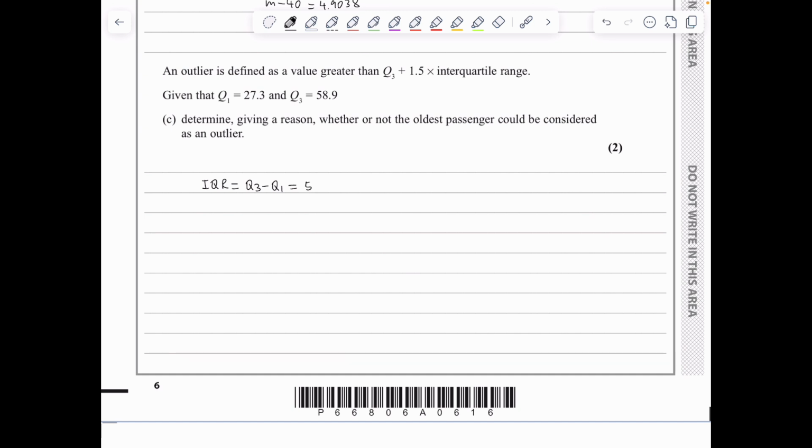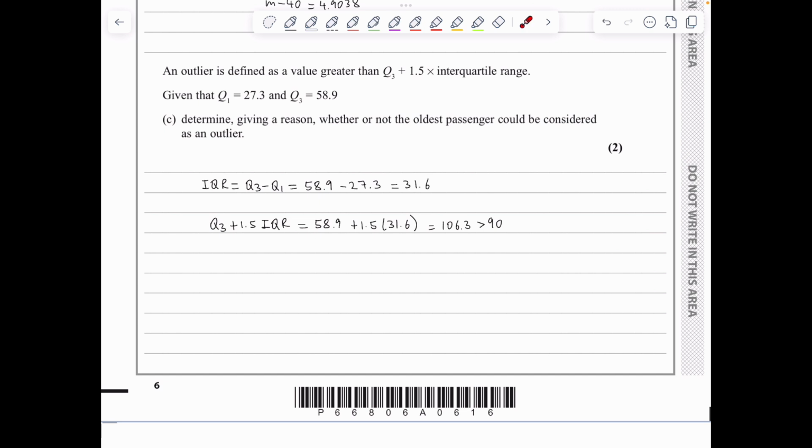This is 58.9 minus 27.3, which gives an answer of 31.6. And then let's calculate the limit beyond which outliers are to be found. So we'll be calculating Q3 plus 1.5 times the interquartile range, which is 58.9 plus 1.5 times the 31.6, which gives an answer of 106.3, which is greater than 90.